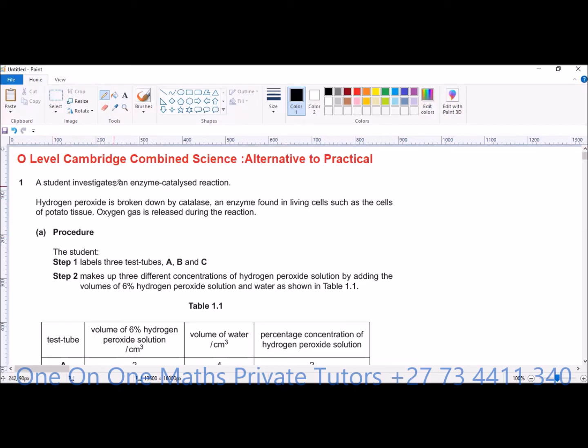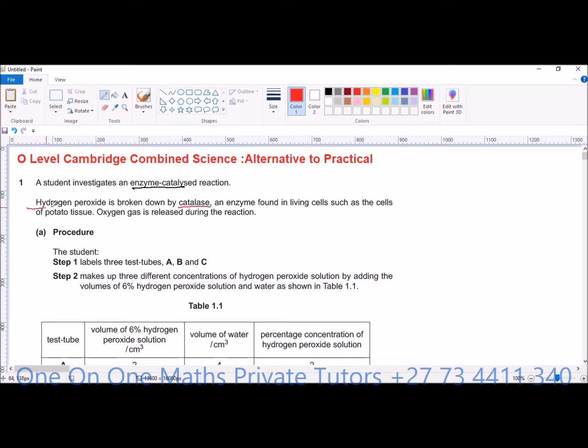A student investigates an enzyme catalyzed reaction. So when we're talking about enzymes, in biology, enzymes are proteins that act as biological catalysts. Hydrogen peroxide is broken down by catalase.